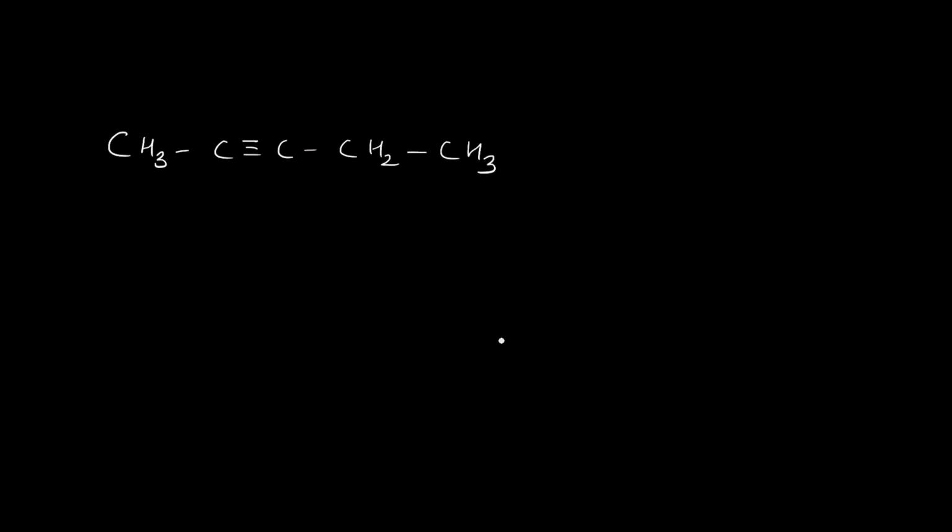Let us see this compound here. 1, 2, 3, 4, 5. I am getting number 2 on the carbon which has the triple bond. If I had gone the other way, 1, 2, 3, 4, 5, I would get number 3 at the triple bond. This will be wrong. I am getting number 2.